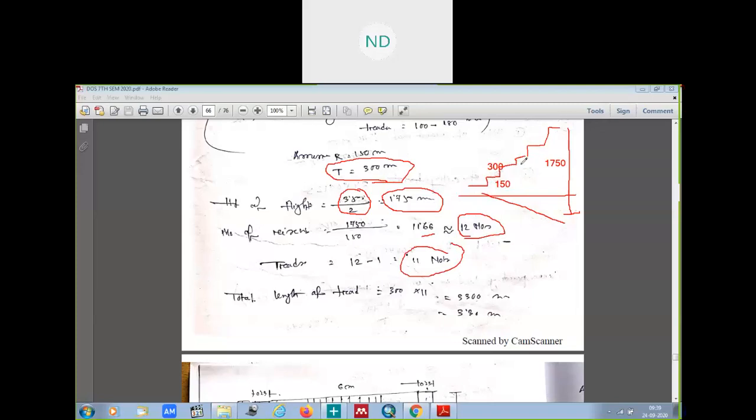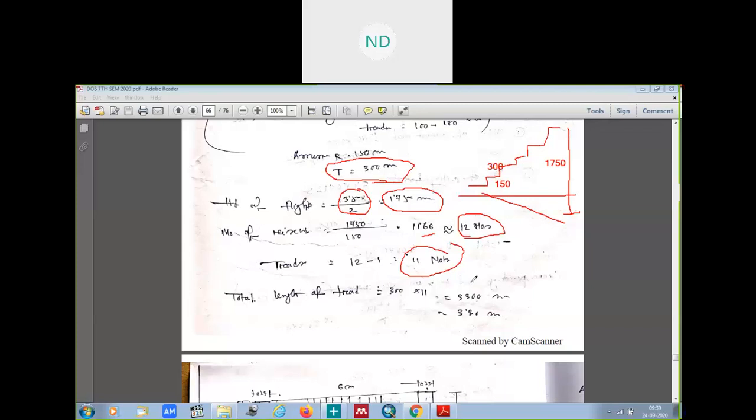So six risers and five treads. Always the tread count is one less than the riser count. So in this question we got 12 risers and 11 treads.